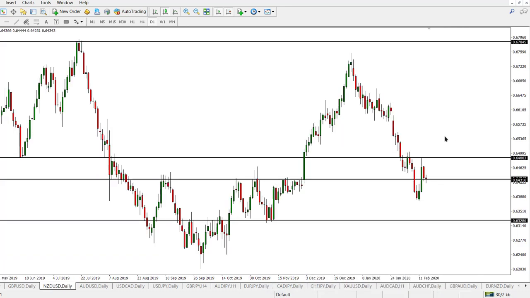The next currency pair is NZD. As you can see, there has been a massive upside movement, which has been mostly covered in recent days. So the price is within a good range between 0.6310 and 0.6328.